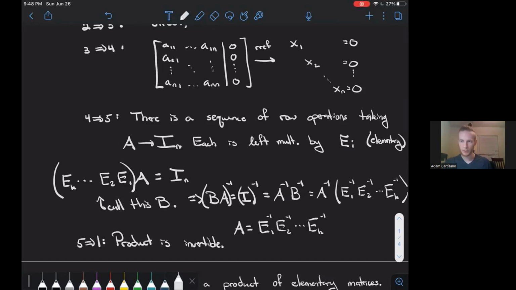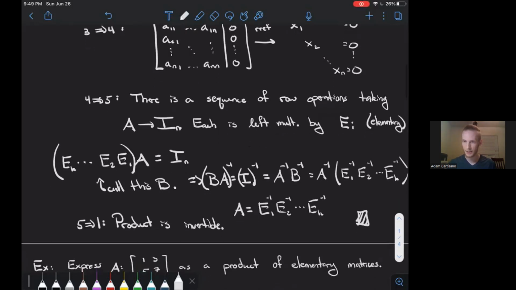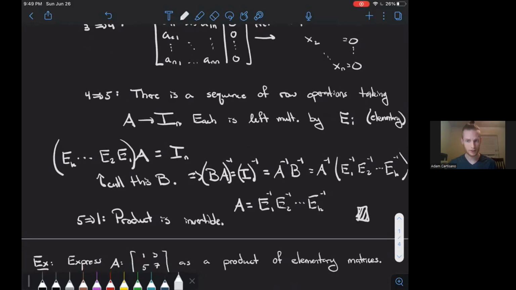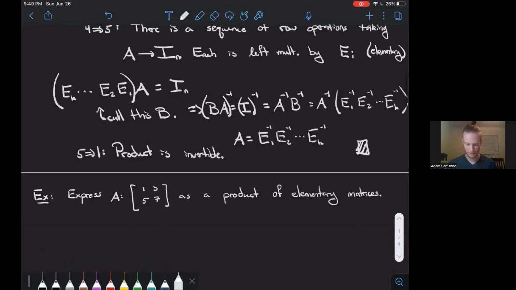But 5 implies 1, 1 implies 2, 2 implies 3, and so on. So we're done. These are all equivalent statements. It's kind of a long proof, but it's really nice. And by the way, it gets a lot longer. So we'll see more next time.